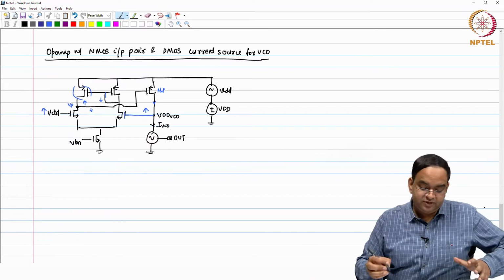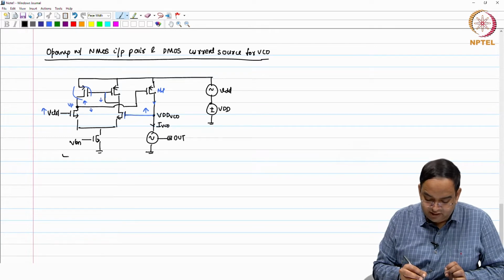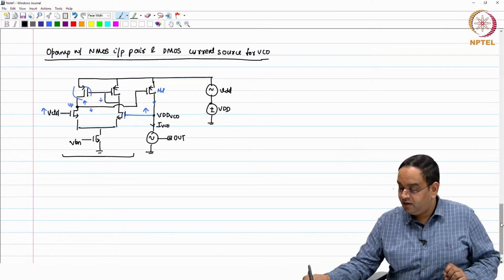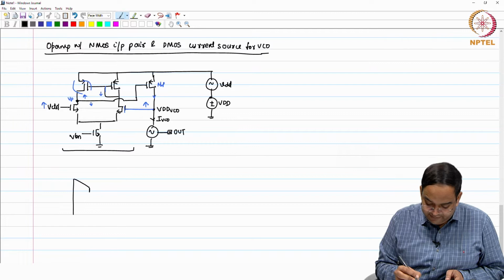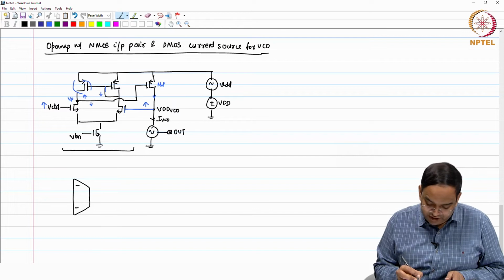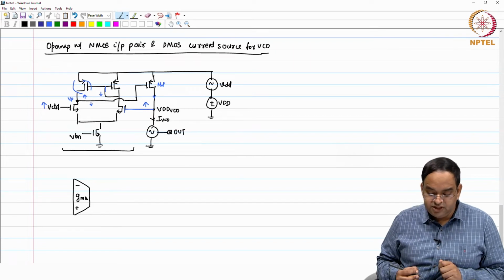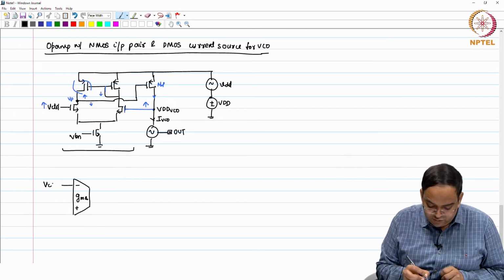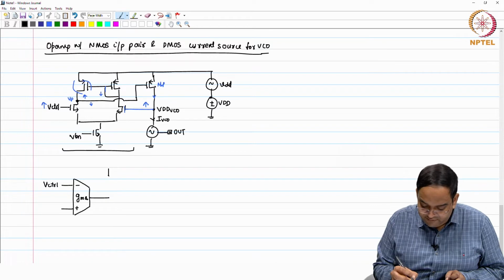Now, you have all the capacitors and other things for each transistor. What we are going to do is simplify the small signal model of this amplifier as shown. So, here I will say the effective model of this amplifier behaves like a current source, which is GMA, where GMA stands for the gm of the amplifier. This is your V control, this will be our feedback node, and the effective resistance is RA, the resistance of the amplifier, and the effective capacitance.